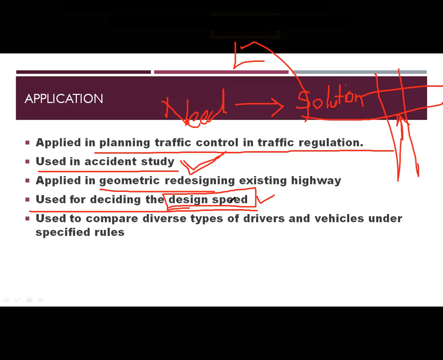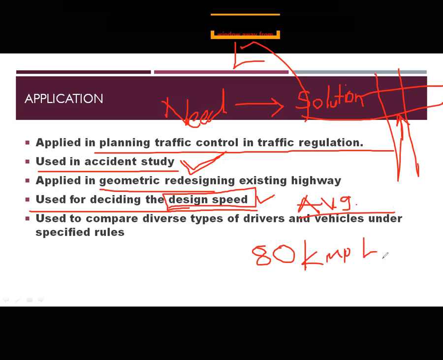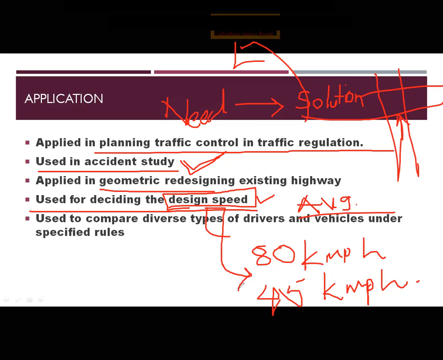To set the design speed, we must understand the average speed of vehicles on that street. If we consider 80 as the design speed, and vehicles are moving at an average of 45 km/h, then we have to change the design speed, or we could provide infrastructure to improve the average speed. So this is important also.